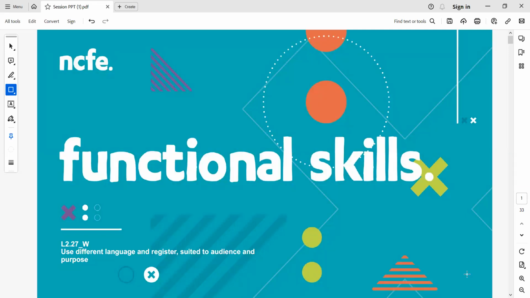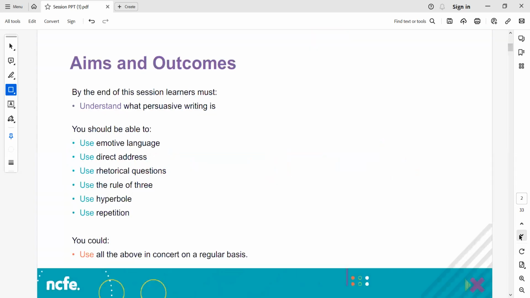Okay, let's make a start because it's 2 minutes past now. So this morning we're looking at writing and using different language and register suited to the audience and purpose. So it is directly related really to what we looked at yesterday in reading, which has worked out well.